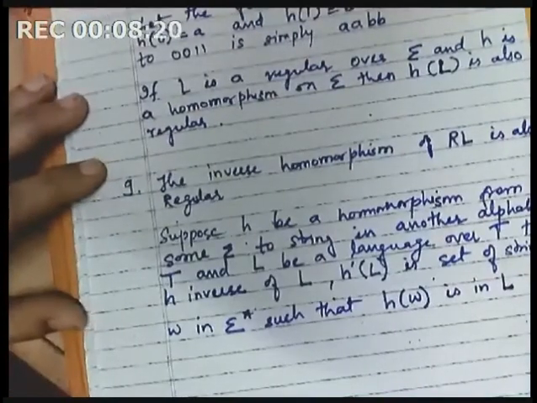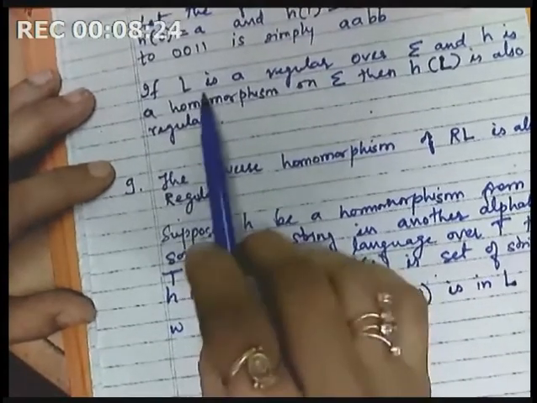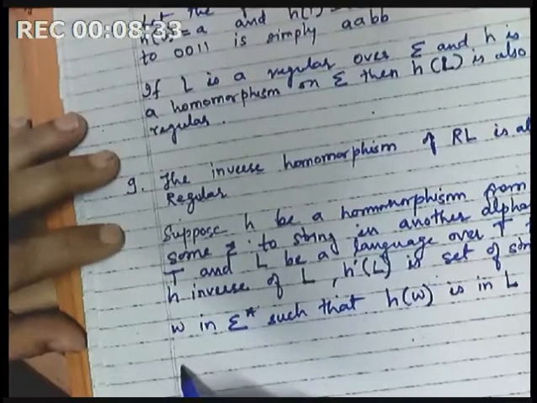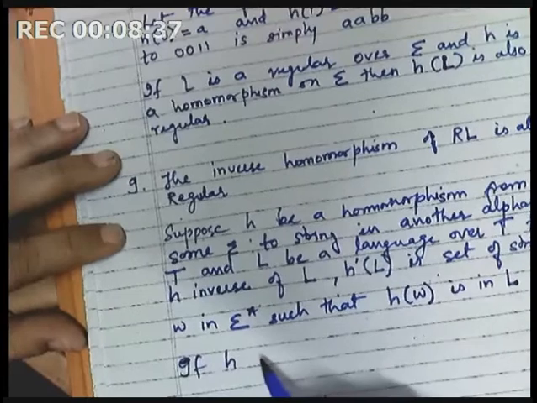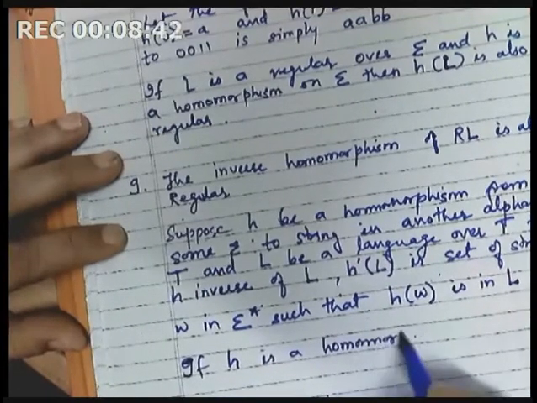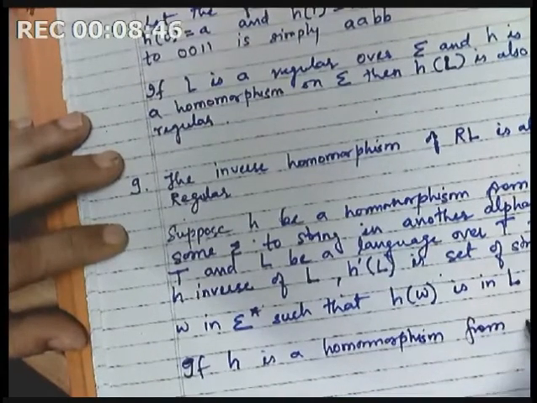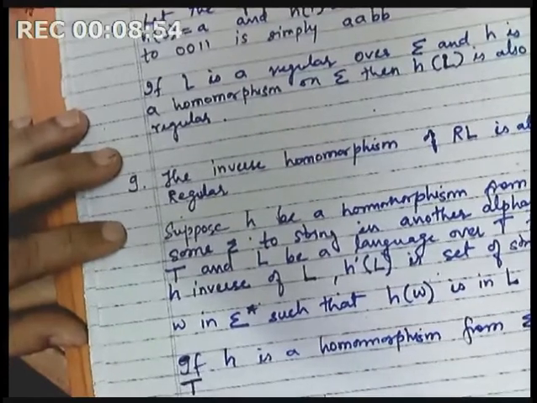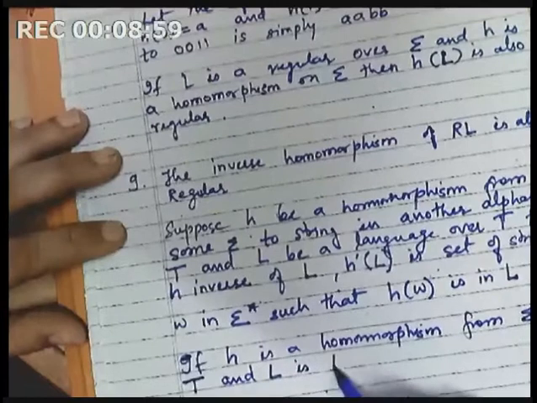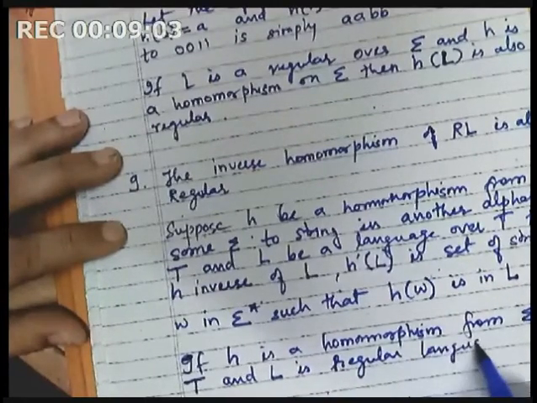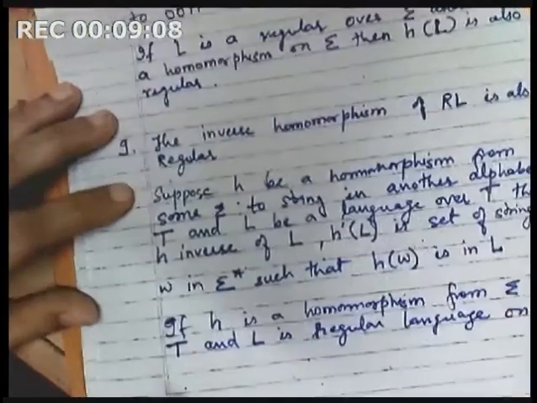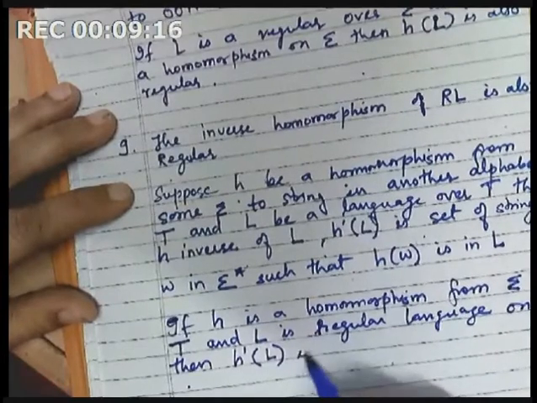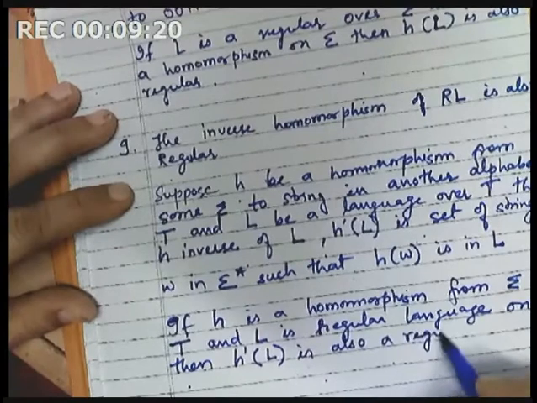I hope you have understood. So the theorem states that if h is a homomorphism from alphabet sigma to capital T, where both are alphabets, and L is a regular language on T, then h inverse of L is also a regular language.